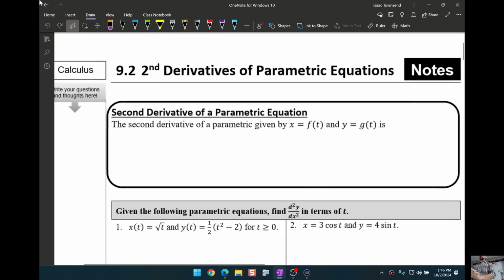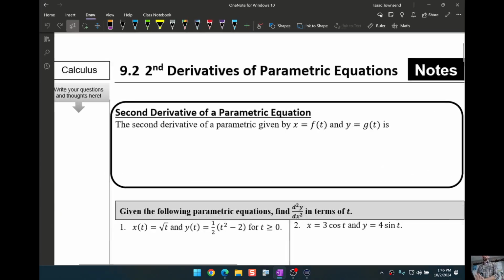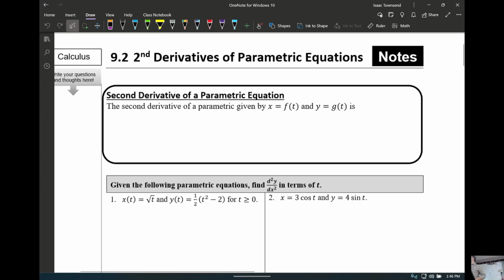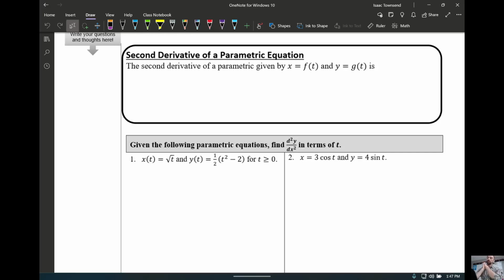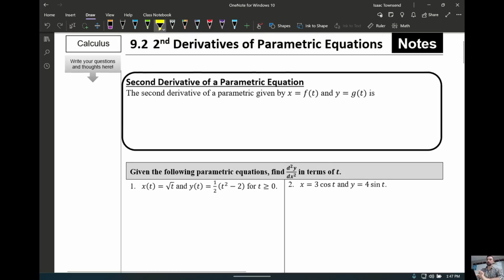Okay, so last class we started talking about parametric equations, which is when you have an x and a y and a third variable, usually t for time. There was a formula in there that we need to know, and we'll need it for today as well. But the focus of the second part of this parametric equation work is how to go about finding the second derivative of a parametric equation.